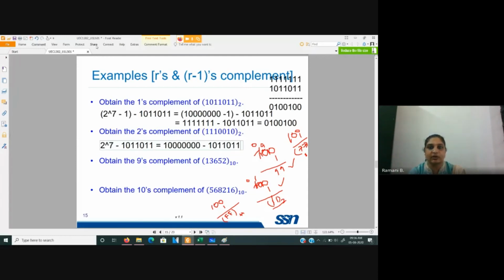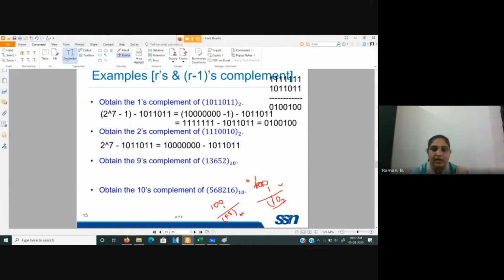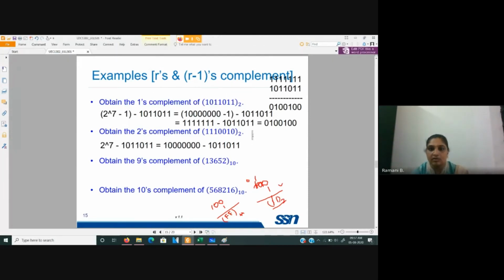If we are going to perform this, now here you need to give the borrow and all those things wherever it is. So let me have this as 1 followed by 1, 2, 3, 4, 5, 6, 7. And you are having 1, 0, 1, 1, 0, 1, 1. So now performing subtraction over here.